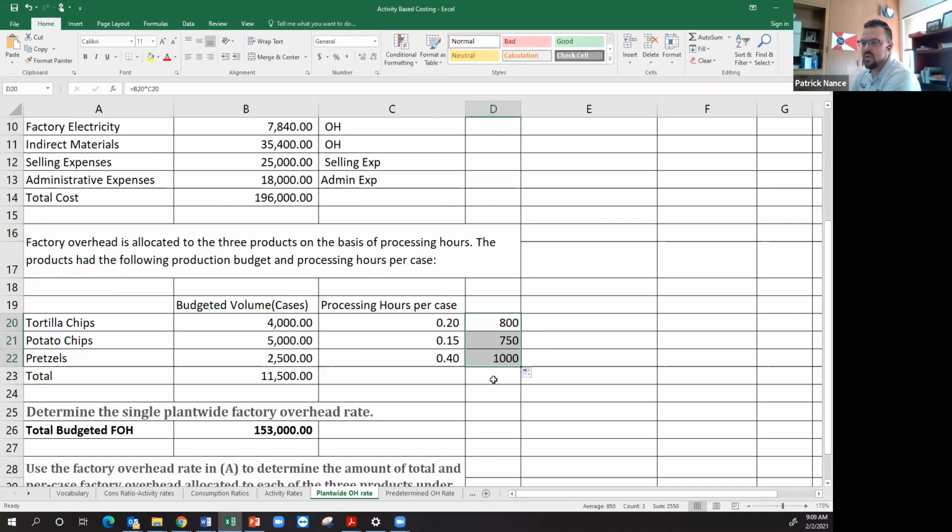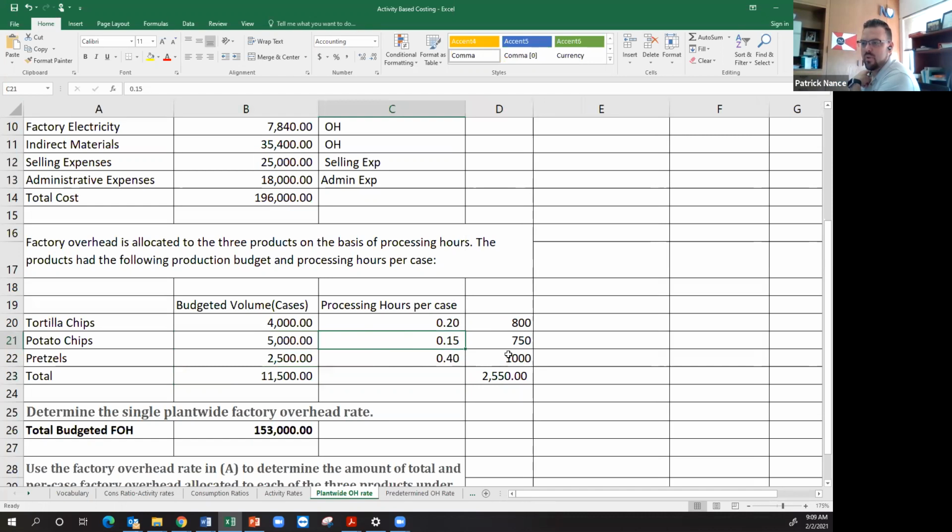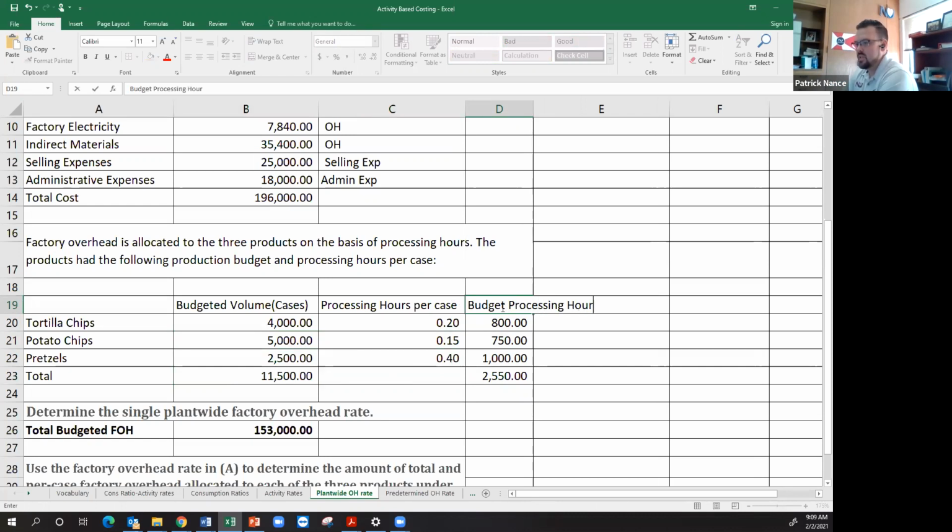Same thing for these others. I would take 5,000 times 0.15 to get 750, and 2,500 times 0.4 to get 1,000. So those are my budgeted processing hours, which in this case is my allocation base.